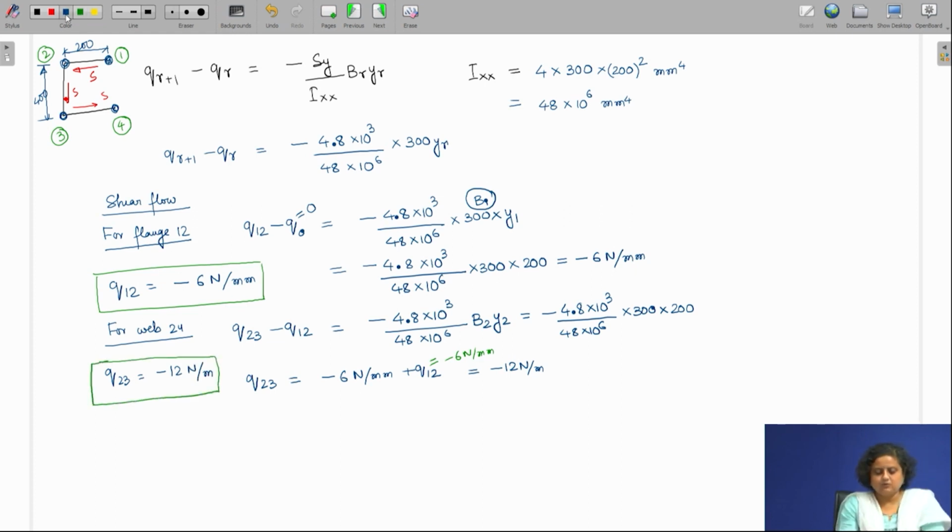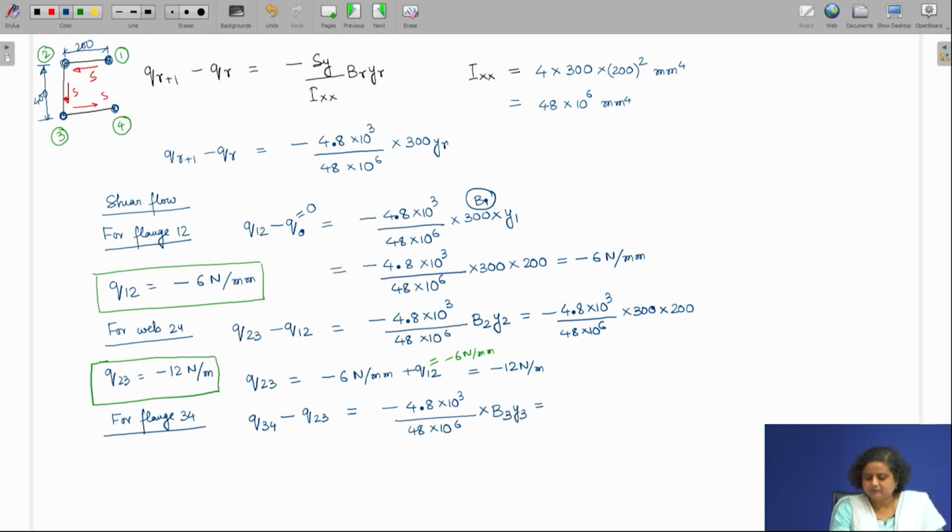Now let us find out for flange 3-4. Now I will have Q34 minus Q23 is going to be minus 4.8 into 10 to the power 3 by 48 into 10 to the power 6 into B3 and Y3.